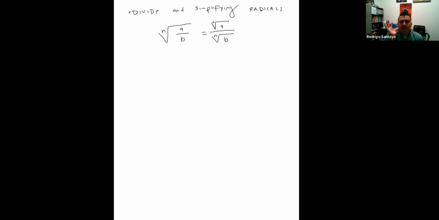So if we have one radical and inside we have a fraction, we can just rewrite it as 2 separate ones. So let's take a look.